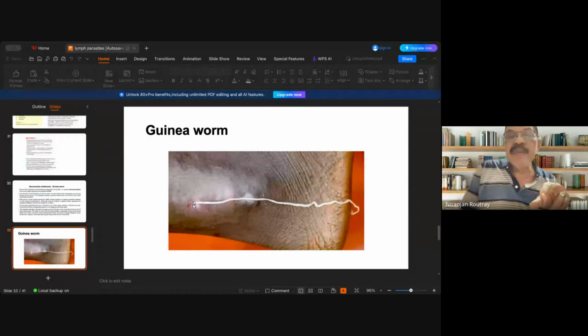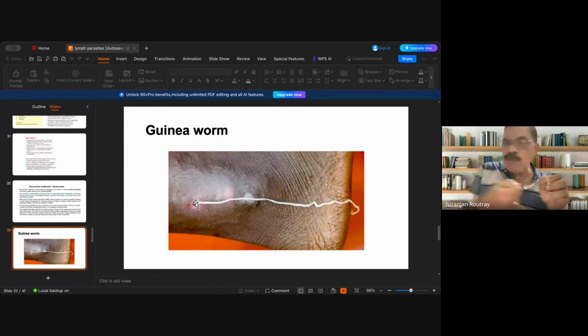Actually, when the blister bursts, the animal remains within the body, only the larva comes out, outside. But if the person is identified as suffering from dracunculiasis or guinea worm, simply the hole is identified, and with a fine forceps it is taken out slowly.